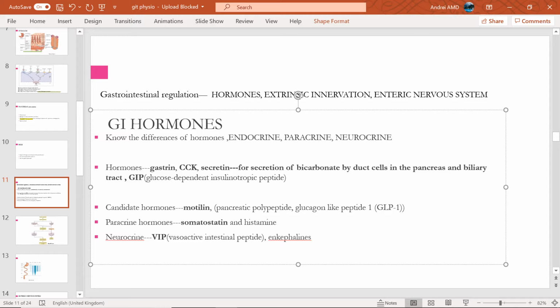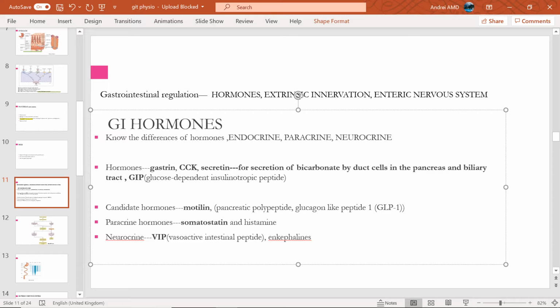So when you eat, there's food in the stomach. That immediately stimulates gastrin secretion. And by that, it increases motility of the GIT and increases acid secretion. Yeah, we did this, gastrin, more hydrogen acid.